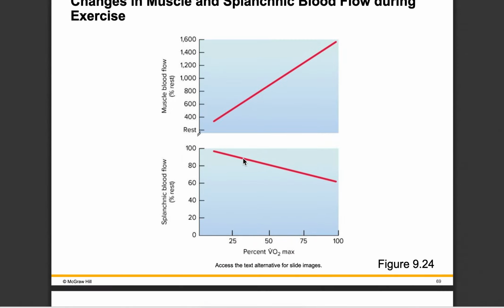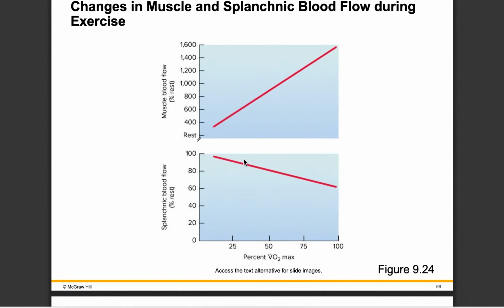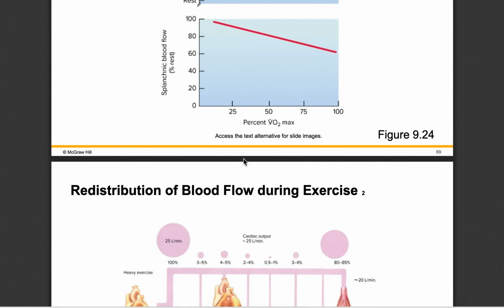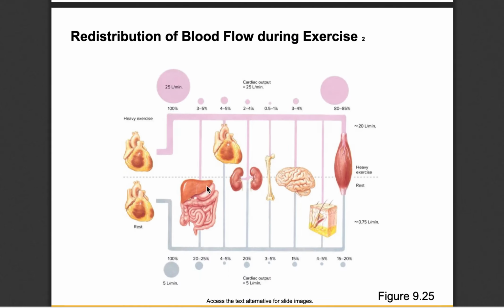And so this graph shows you some of those changes that occur. This chart's great. It shows you what stays the same, what is increasing percentage-wise and decreasing during exercise, and showing you what's going on there. Those are some really good charts, as you can see.